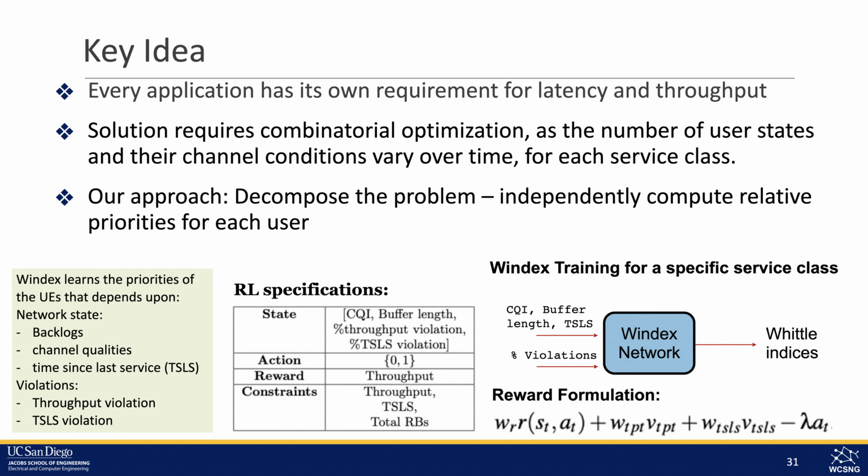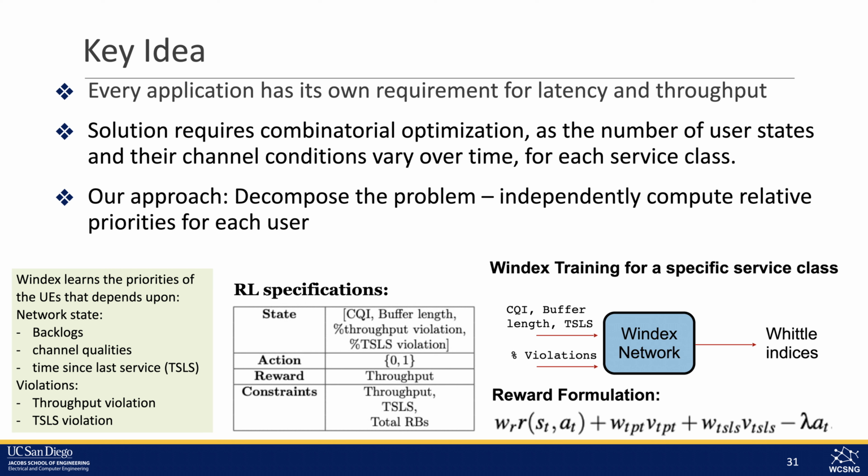So, Windex learns the priorities that depend on the network state. What I mean by network state is basically the backlogs, channel qualities, and here TSLS means the time since it was last served, and that is what we take into account as latency.